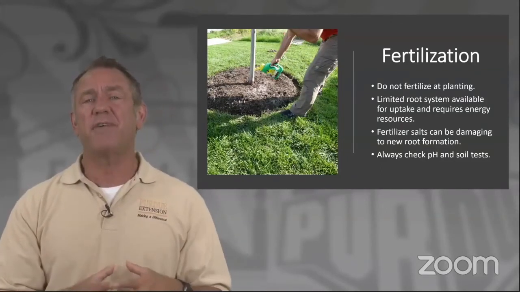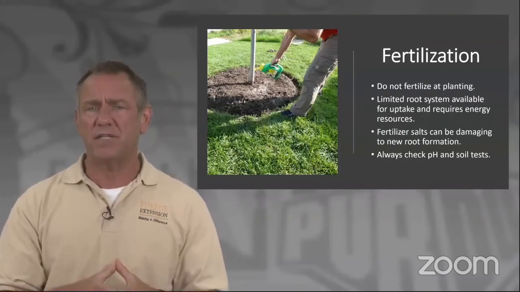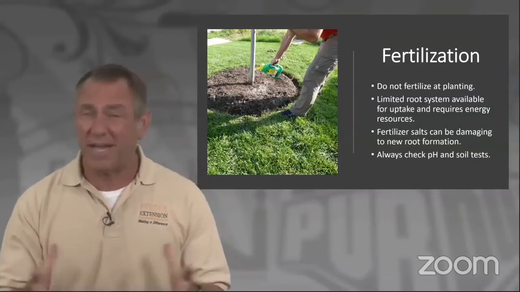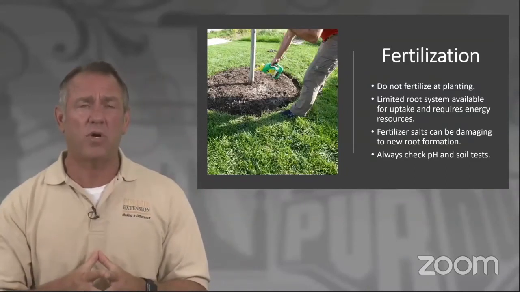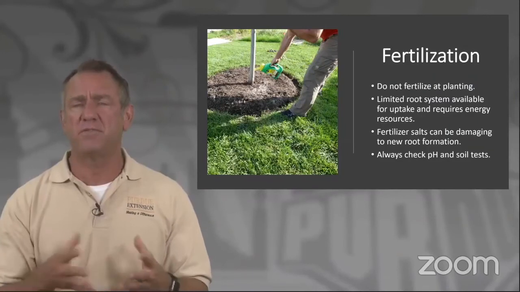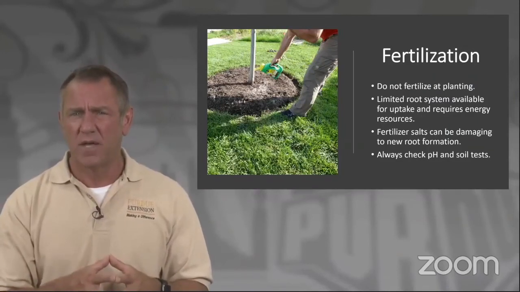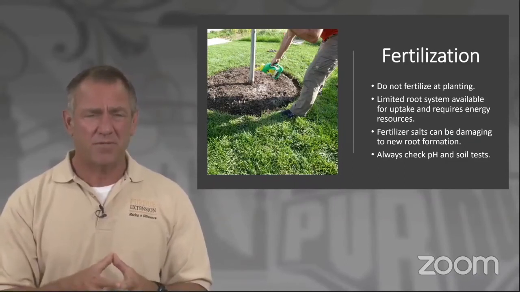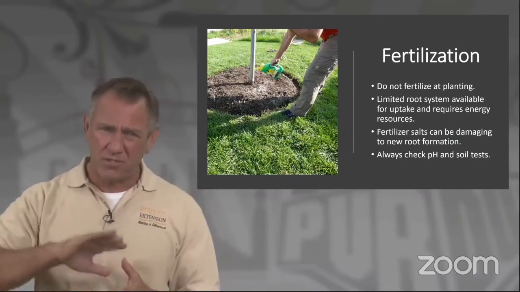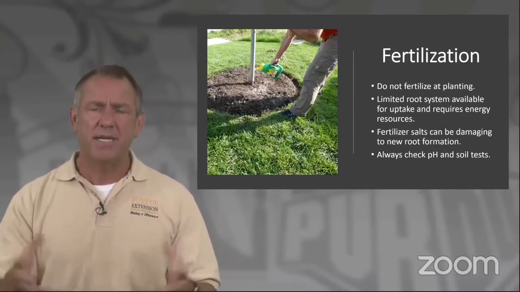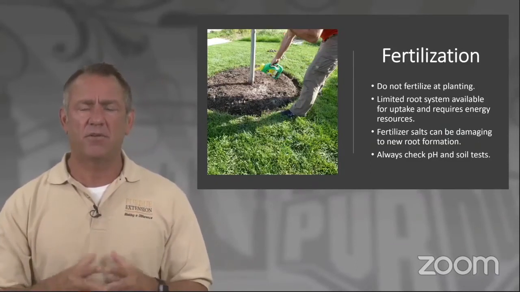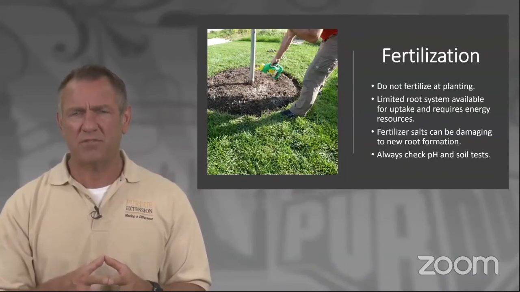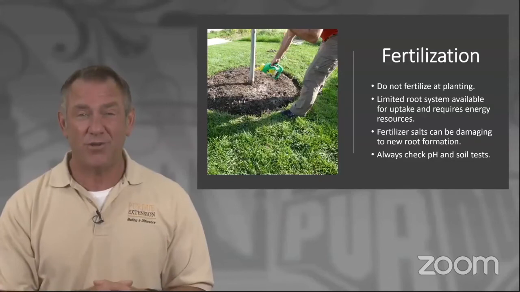Fertilize 2 or 3 years after establishment with a good balanced fertilizer, only after you've conducted a soil test to determine if it actually needs it and exactly what the deficiencies are in that soil. So remember, fertilizing at planting can be damaging to new root formation, so it's best just to wait, let it get established, and then a fertilizing or nutritional program based on soil tests can be very beneficial to keep that tree on a good start.